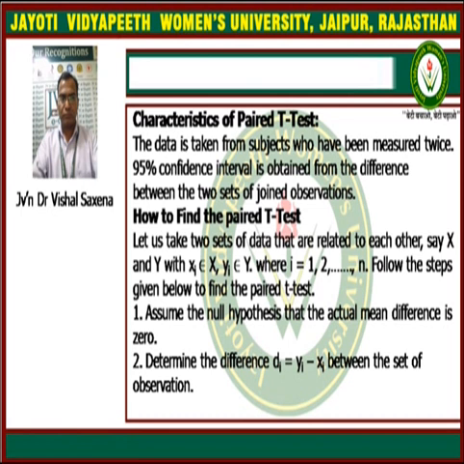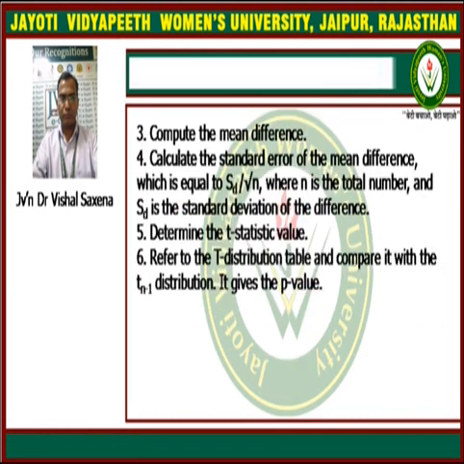And how do we find the paired t-test? First of all, we have two data sets, xi and yi, where xi is the general element of x and yi is the general element of y. We have to find the difference di for every xi and yi, so di is equal to yi minus xi.